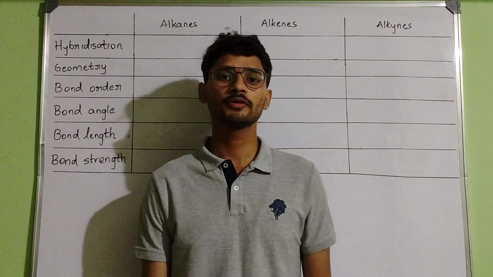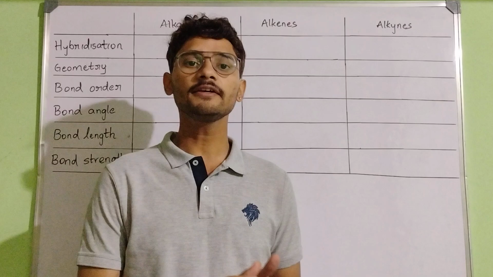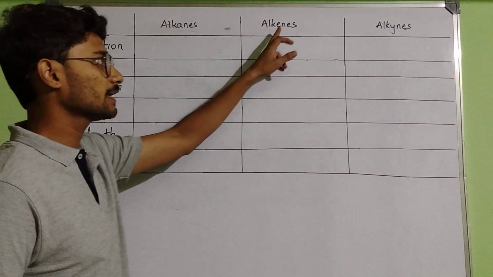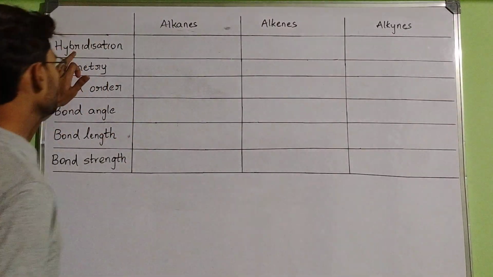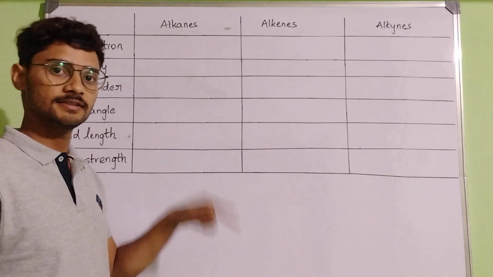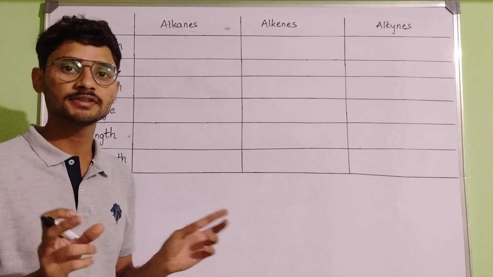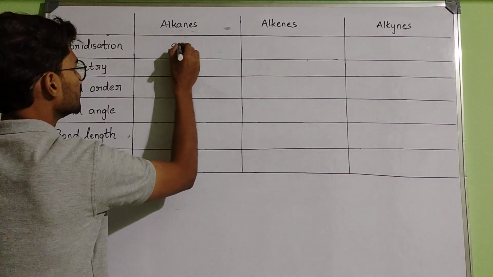Hello everyone. Today we are going to discuss the bond parameters of the aliphatic hydrocarbons like alkanes, alkenes and alkyne systems. So first of all, hybridization. What is the hybridization of alkane systems? Remember that the hybridization of all the carbons in the alkane is sp3 hybridization.